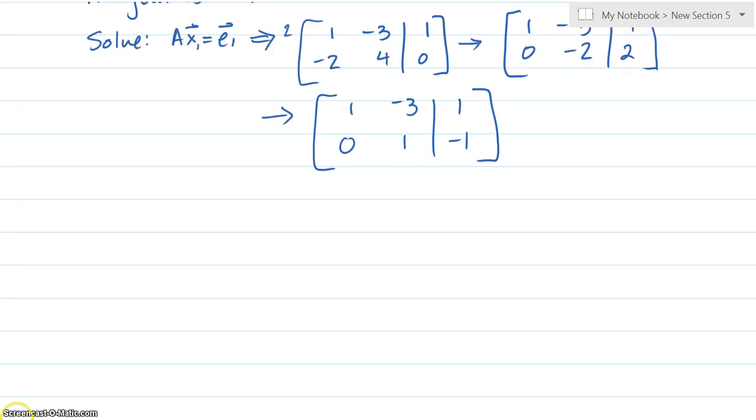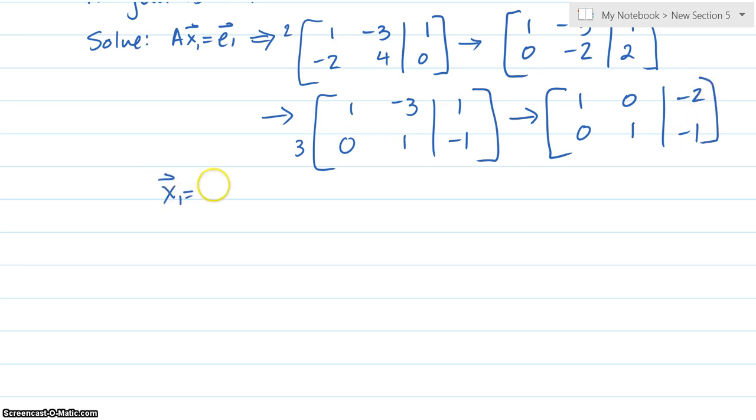Okay, just dividing through by negative 2 gives a 1 there, but I'm going to go all the way and get that reduced echelon form by multiplying the second row by 3 and adding it to the first. This first one doesn't change, but this does become a 0. This becomes negative 3 plus 1, which is negative 2. So we know that x1 is equal to -2, -1.